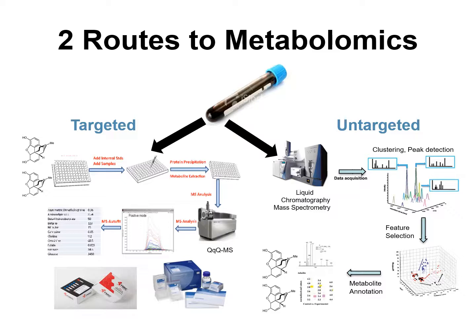One is called targeted metabolomics, where there's a formal identification and quantification of a set number, a pre-identified collection of metabolites, usually on the order of 100, maybe 200, 300 compounds that are targeted in some of the larger labs or with some of the kits that are now available.